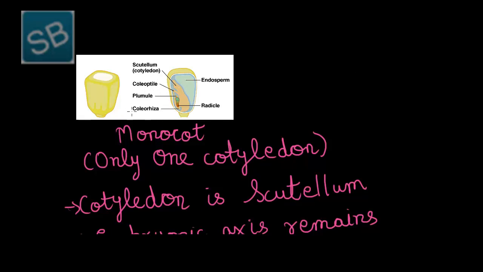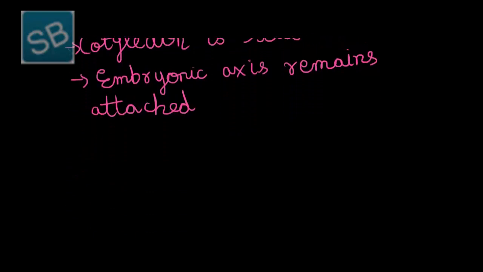There occurs another structure known as coleorhiza, which occurs towards the radicle. Thus, coleoptile occurs as a protective covering of plumule.